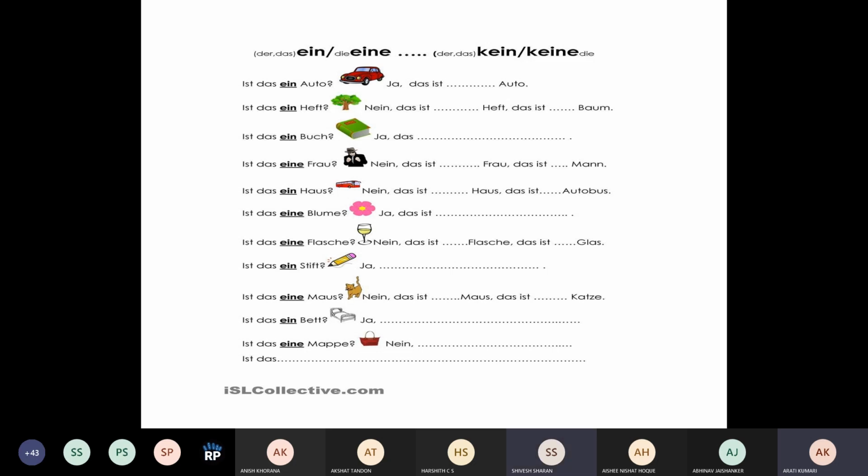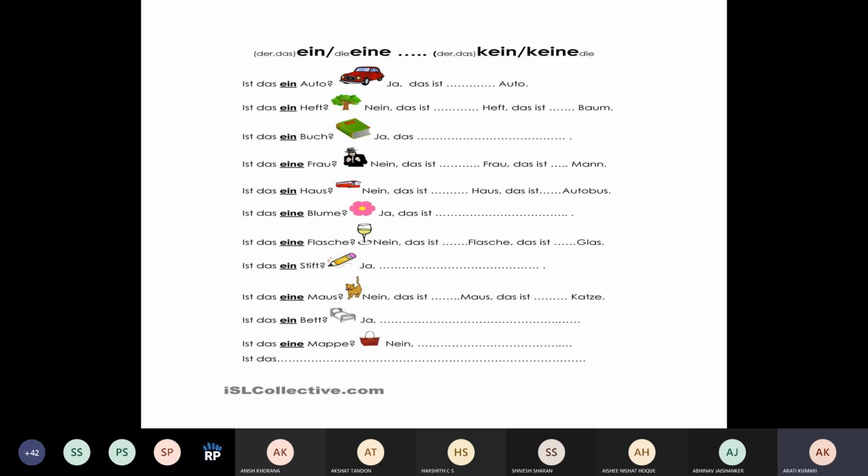Das ist ein Stift. Yeah, that's also correct. Oder das ist ein Stift. So remember, Abhinav, that you don't write S small letter. It has to be capital letter. It's grammatically wrong.